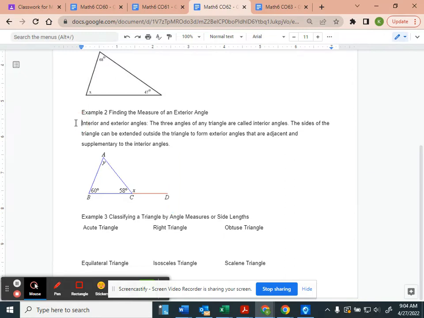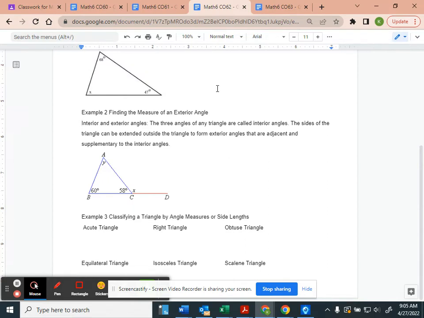So, finding the measure of an exterior angle. The exterior is the outside, interior is the inside. So the 3 angles of the triangle are the interior angles. When you think about your house, when you're interior decorating, you're decorating the inside of your house.